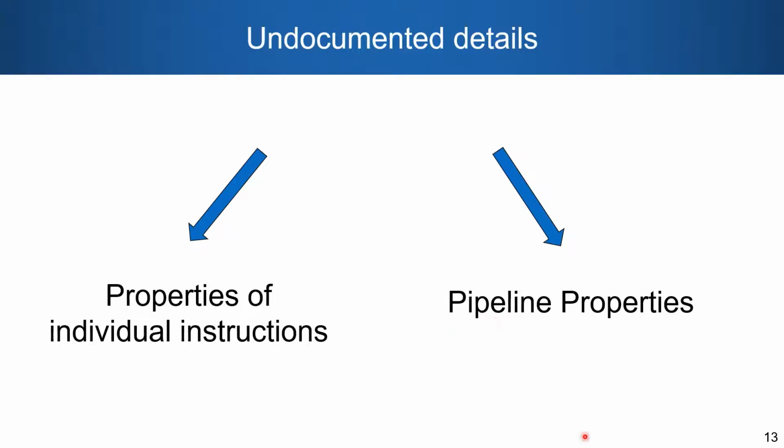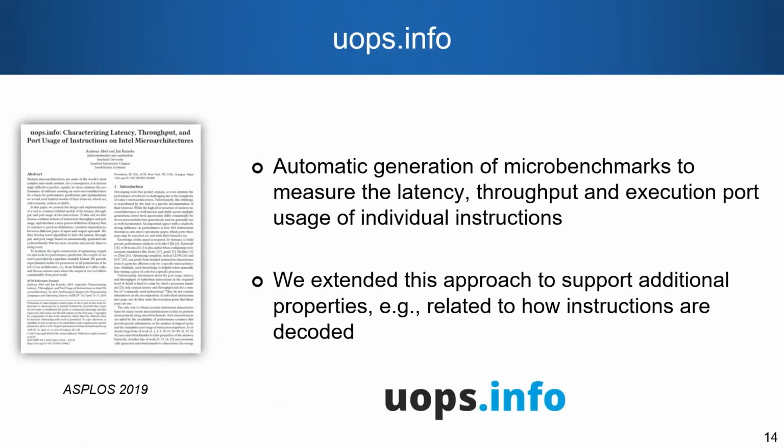pipeline components. To deal with the first class, we built on previous work of ours, uops.info. This work was published at ASPLOS 2019. It describes an automatic way to generate micro benchmarks to measure the latency, the throughput, and the execution port usage of individual instructions.